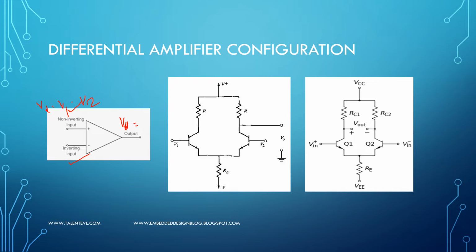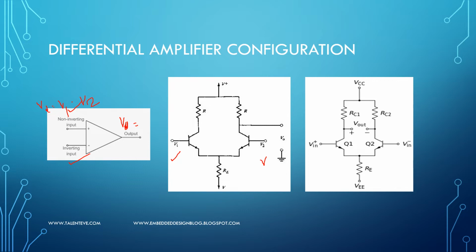Now we can say that the input is the difference between the two voltages. So this can be a differential amplifier configuration where you provide two inputs and the output would be the difference between the two collector terminals of these two transistors.